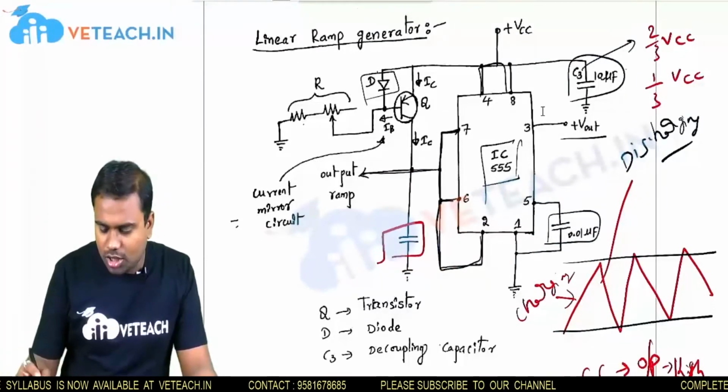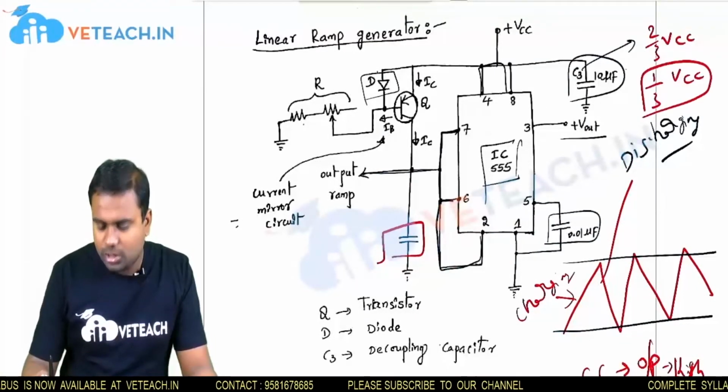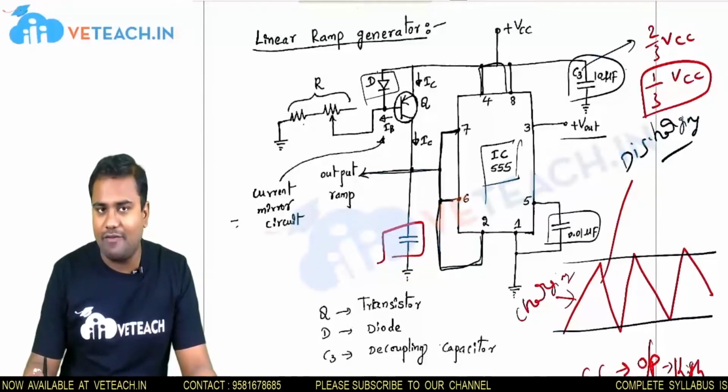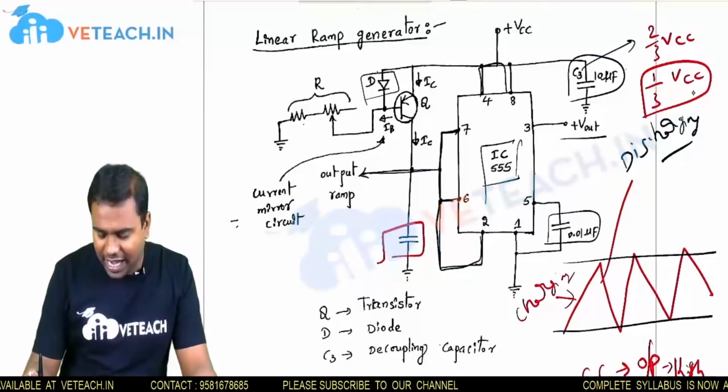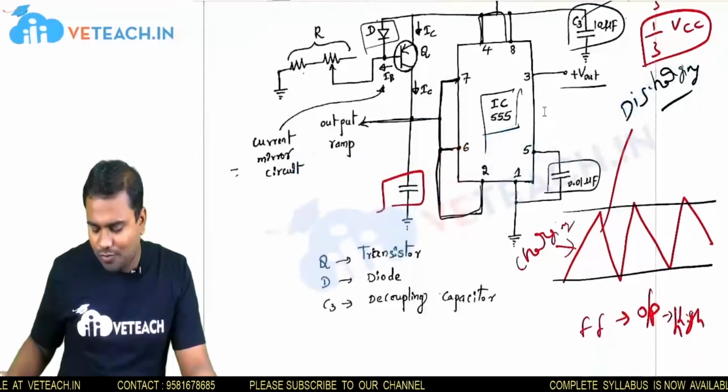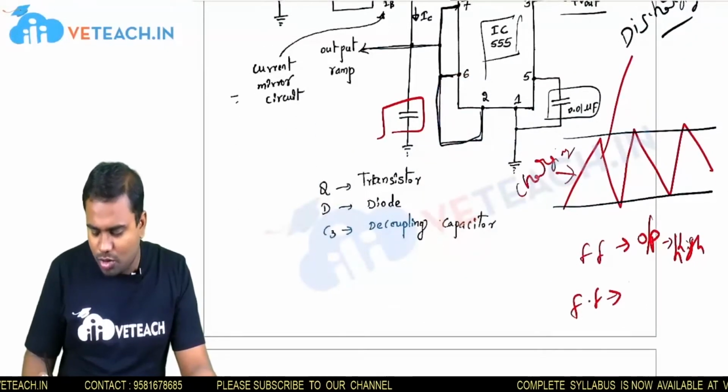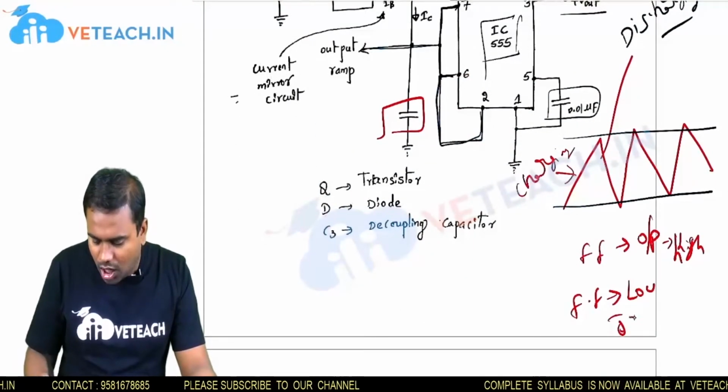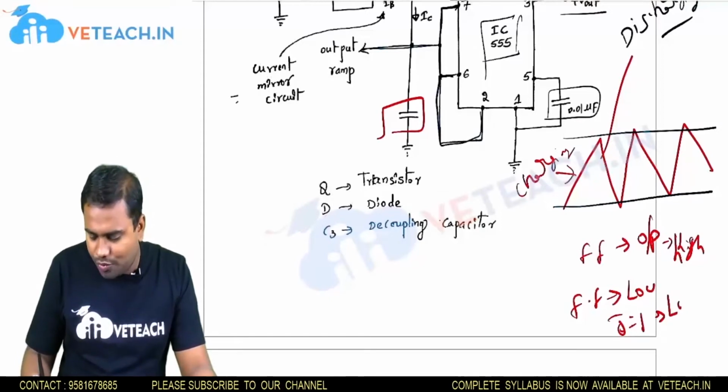When it reaches 1/3 VCC, comparator 2 will activate, and then the flip-flop output will be low, meaning Q bar will be high, meaning the final output will be low.